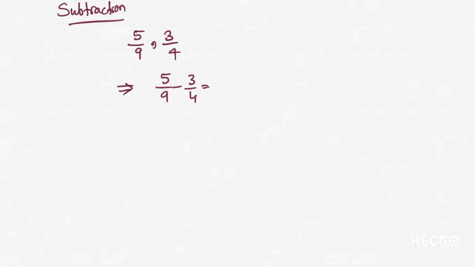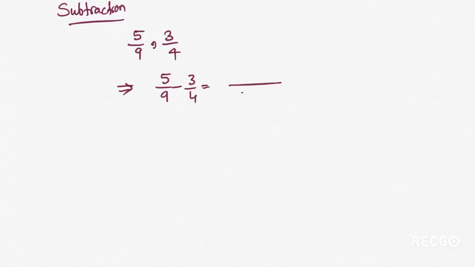Next, subtraction. Let's find the difference between two rational numbers, 5 by 9 and 3 by 4. The answer is 5 by 9 minus 3 by 4.